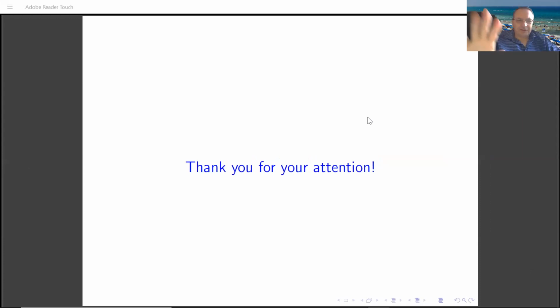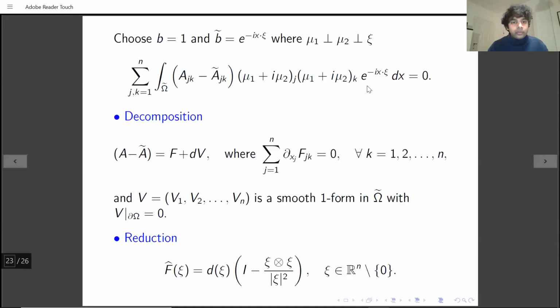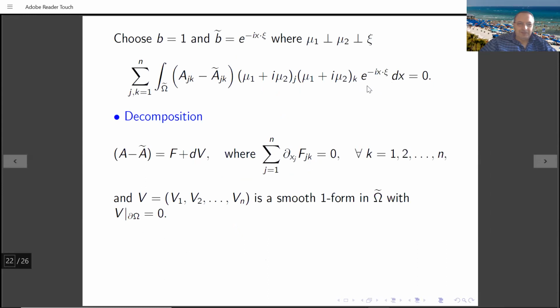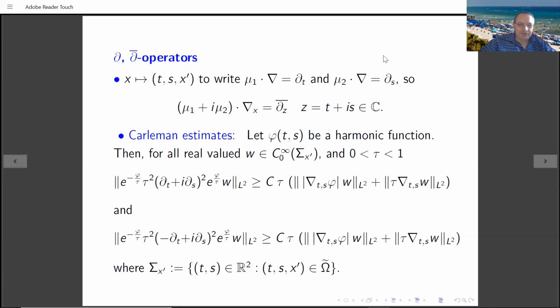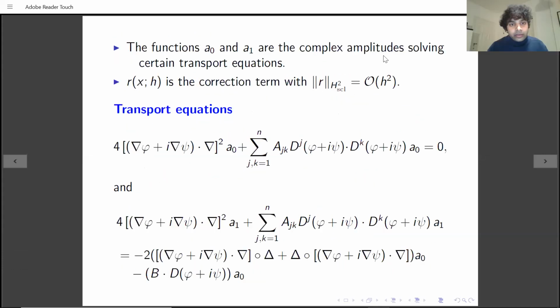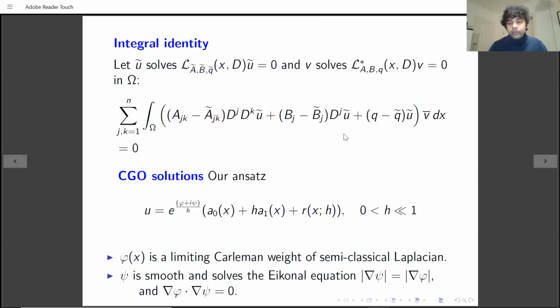Okay, I have a question. Can you go back to the slide with the orthogonality identity? Before that, there was A and B, a difference of A's and a difference of B's. Oh, I see, this one you mean?